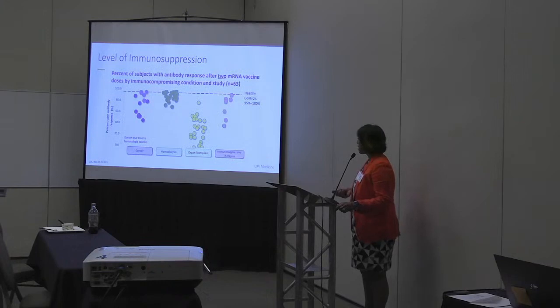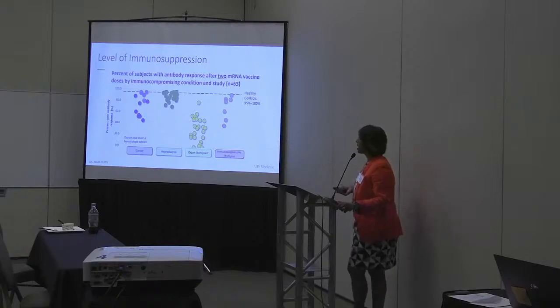This study was actually from the CDC data, and they looked at antibody responses in patients after 2 mRNA vaccines for COVID based on immunocompromising conditions. What you can see here is the percent with an antibody response. We know that antibody response may not directly correlate with incident disease, but this is a surrogate marker.